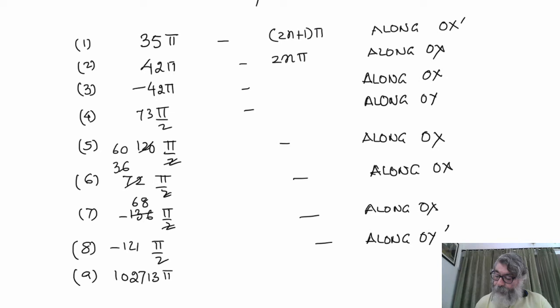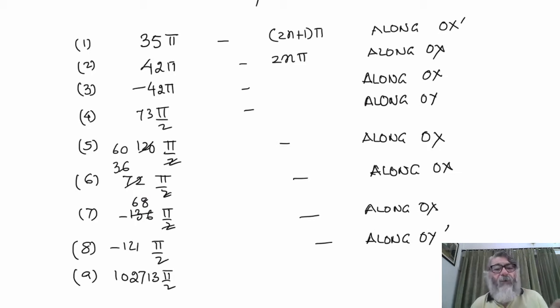Now let us take one more example. 102,713 pi by 2. I will take more examples based on this pi by 2 to make it absolutely clear to you where the angle will fall. Angle can be as large as you like. Now the last two digits are 1, 3. If you divide by 4, 4 threes are 12, you'll get 1 as the remainder.